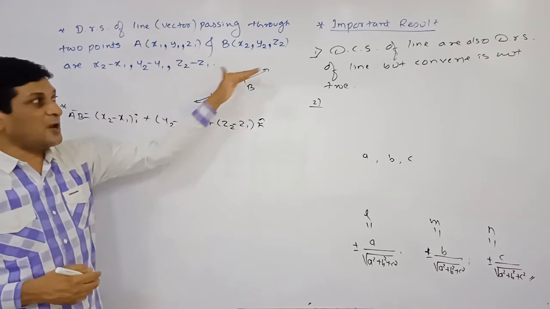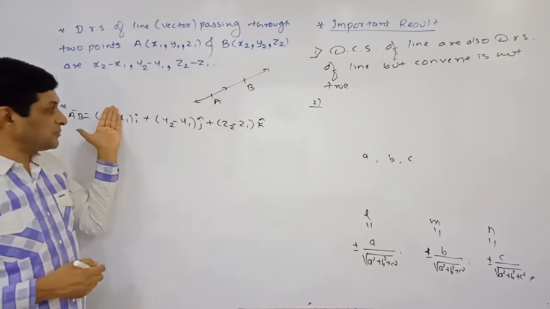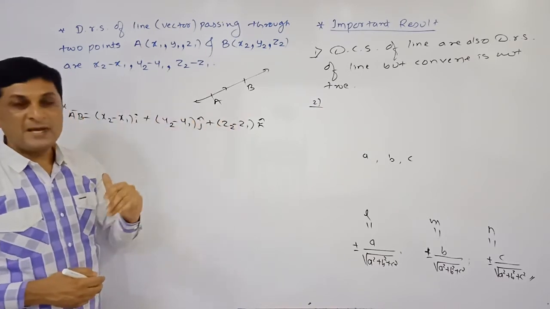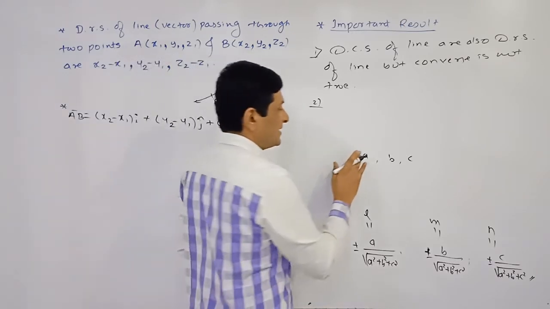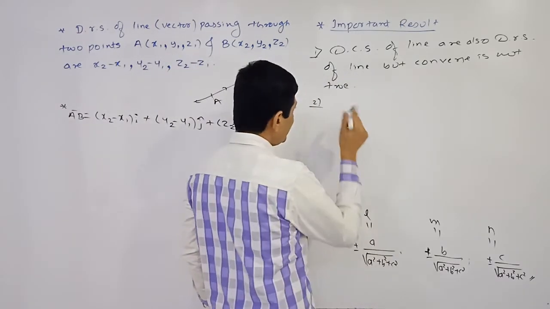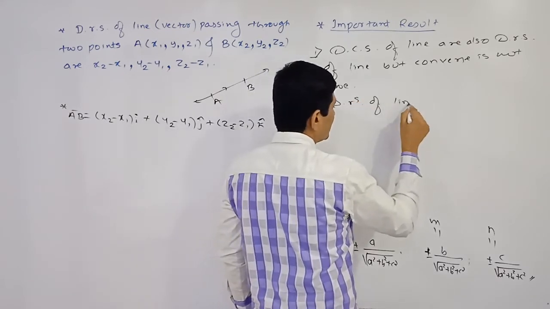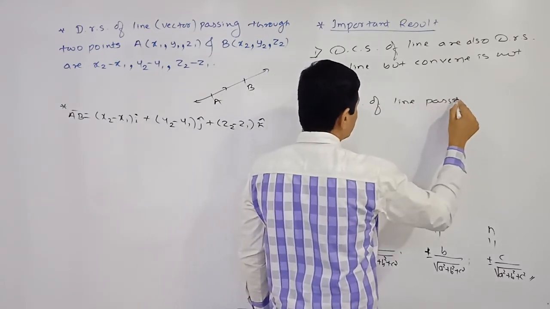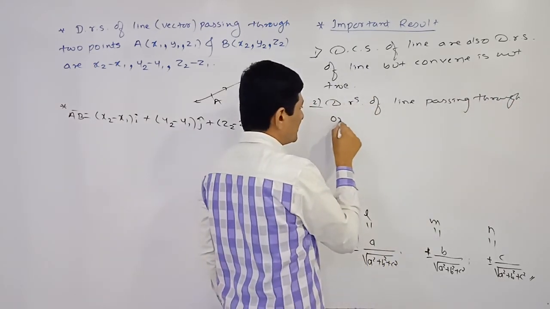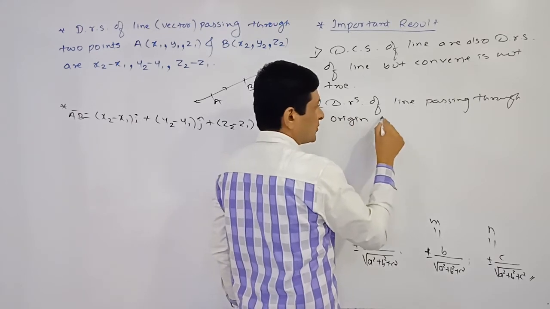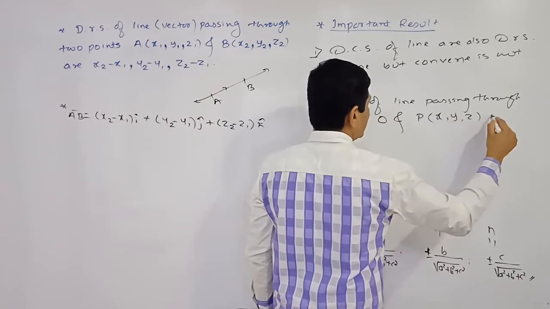Means if one vector along the line is known to us, then the coefficients of I cap, J cap, K cap are nothing but direction ratios of the line. That's why here we can say that direction ratios of the line passing through origin O and P having coordinates x, y, z.